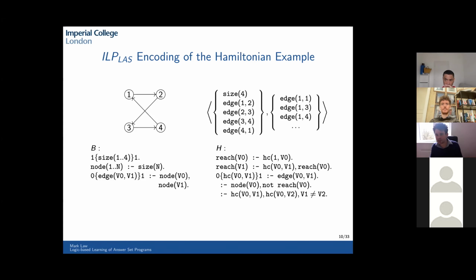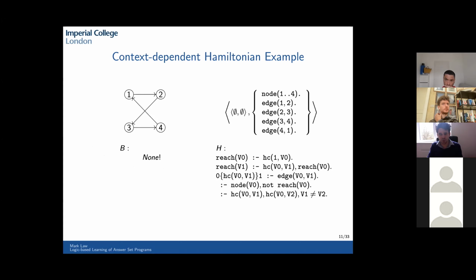In addition to representing things which are naturally context dependent, we can also transform non-context dependent representations for reasons of efficiency. So this was the problem that I showed you before on Hamiltonian. We can actually encode this in a completely different way using context dependent examples.